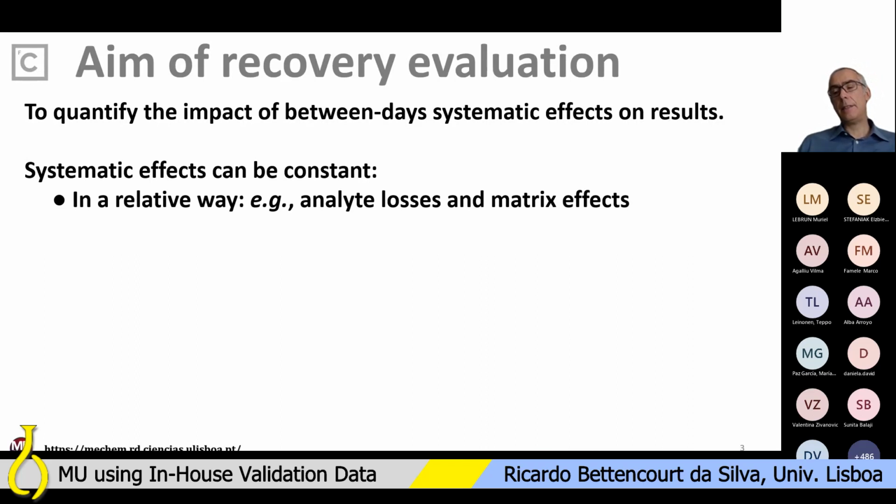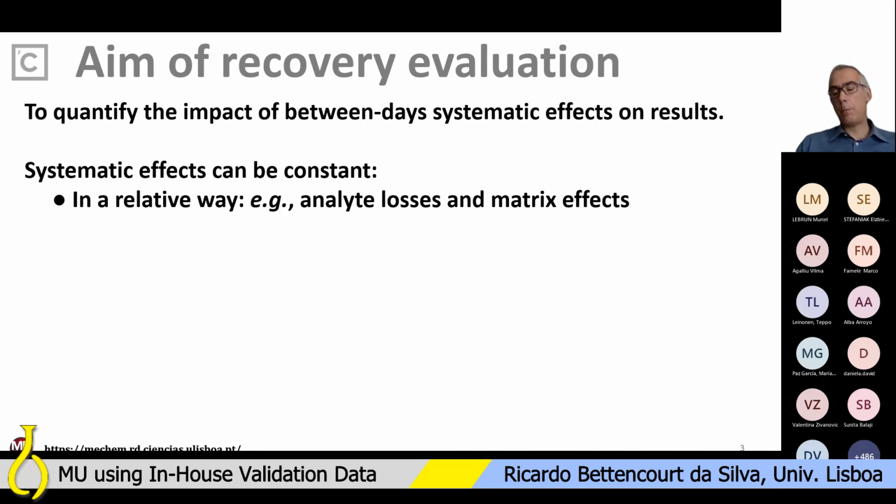And it is important to mention that systematic effects can be constant in a relative way. In many cases, we have relative systematic effects from analyte losses or from matrix effects. Typically, when we lose analyte, we lose more in an absolute way if we have more analyte than if we have less analyte.